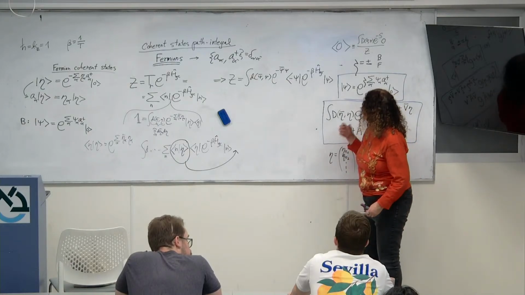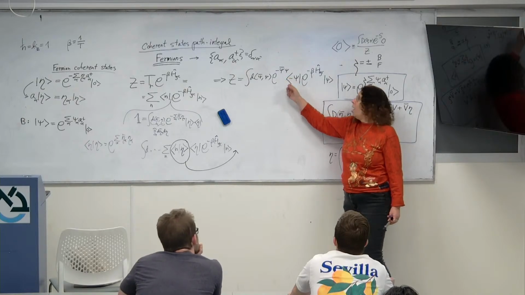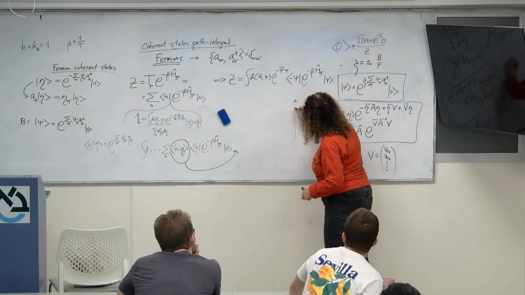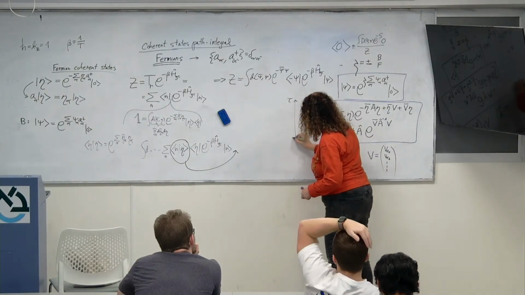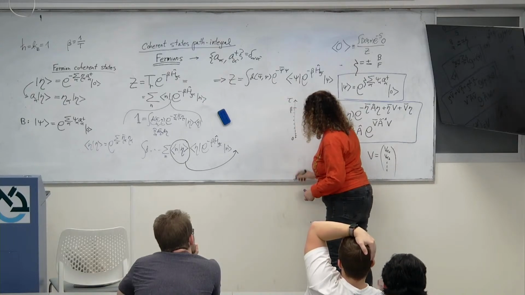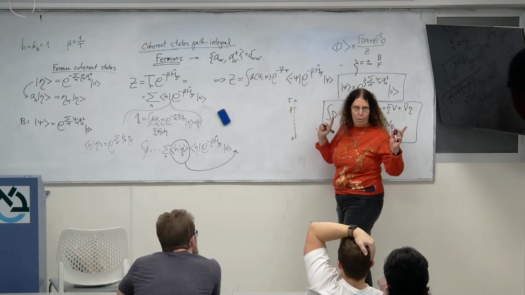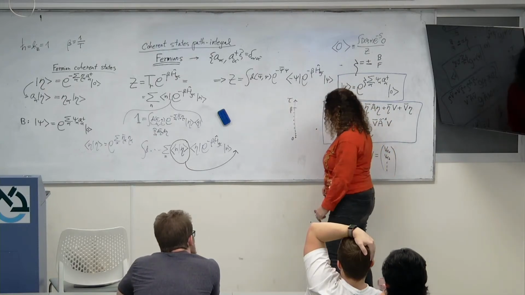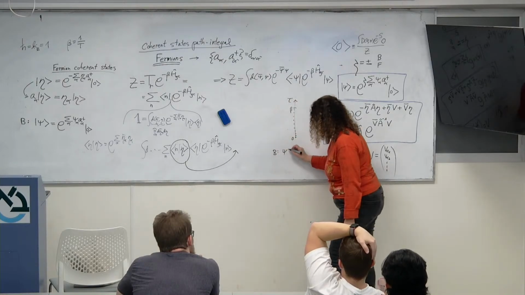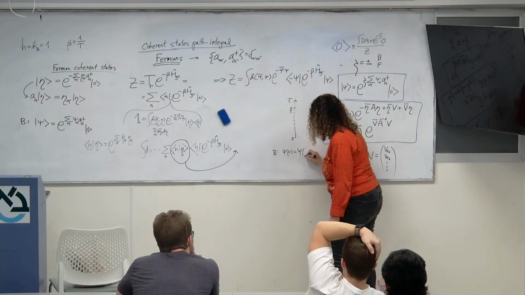But for the bosons, where I didn't have this minus sign, when I look at the imaginary time axis, I go from 0 to beta, I do the time steps, but I return to the same psi. That was for the bosons, right? So for bosons, we got the boundary conditions where psi of 0 was equal to psi of beta.